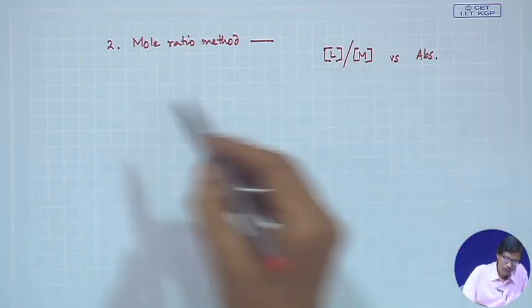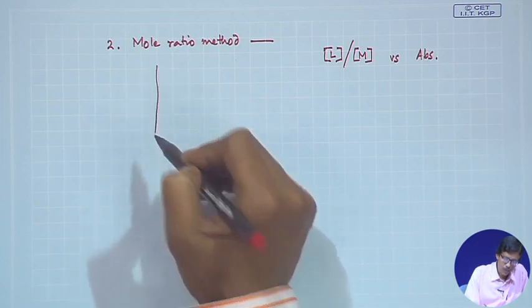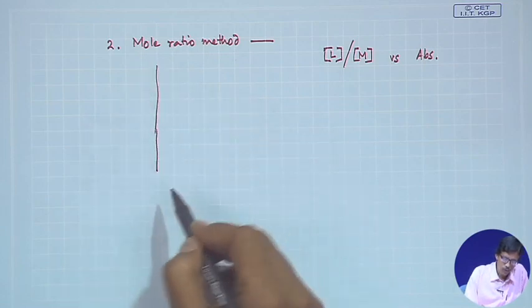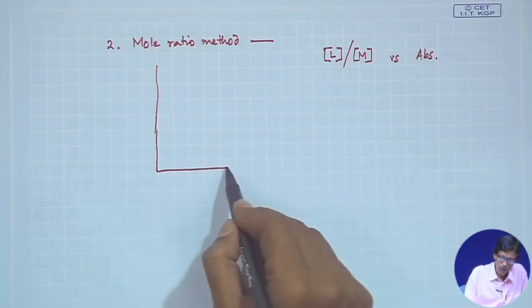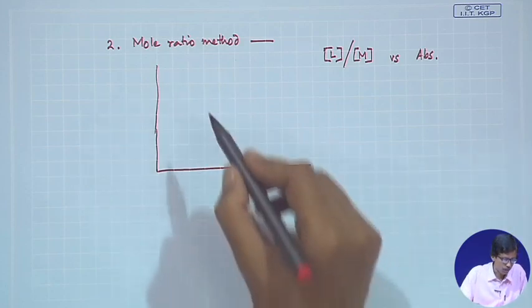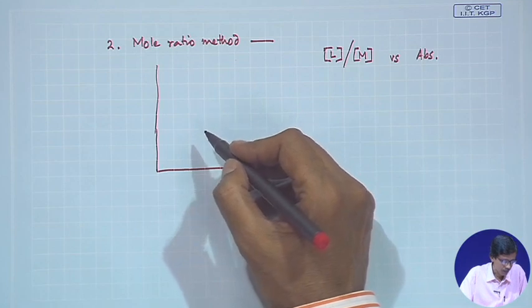The mole ratio method can also be useful to determine the composition and the formation constant of these species.